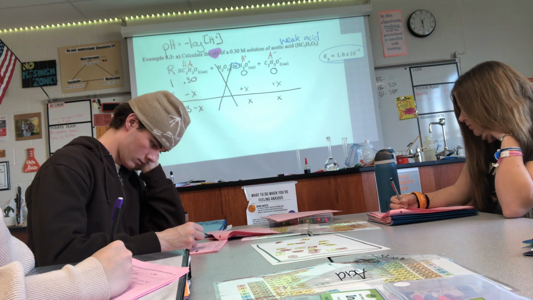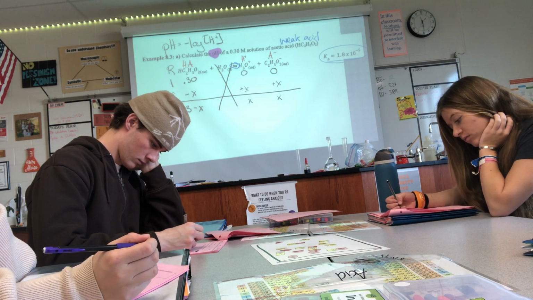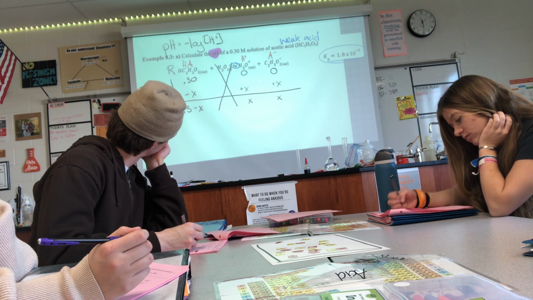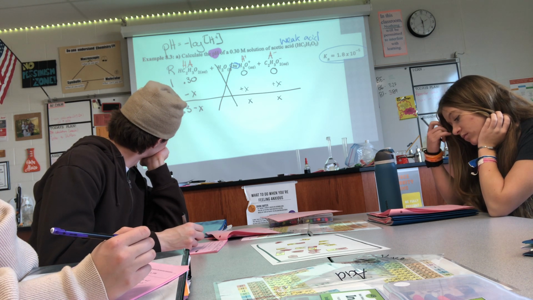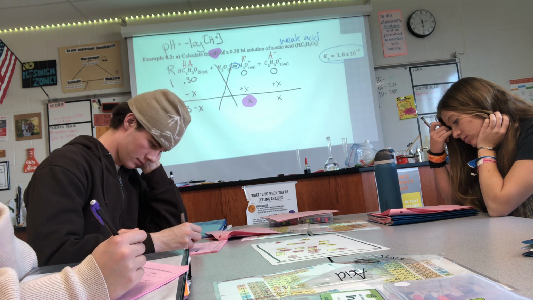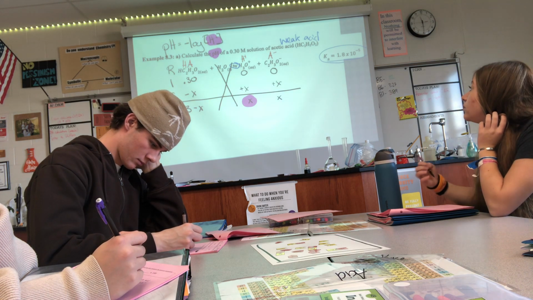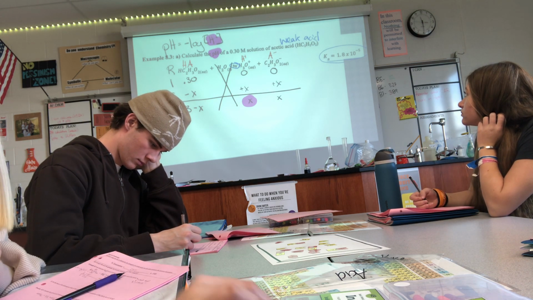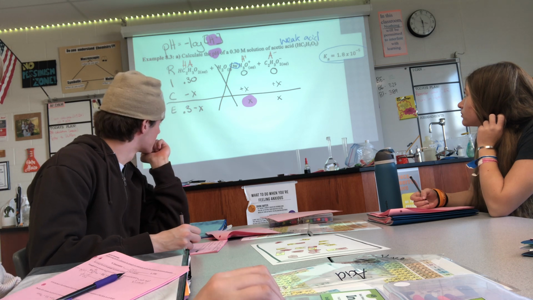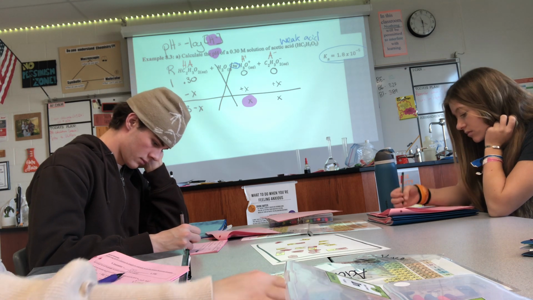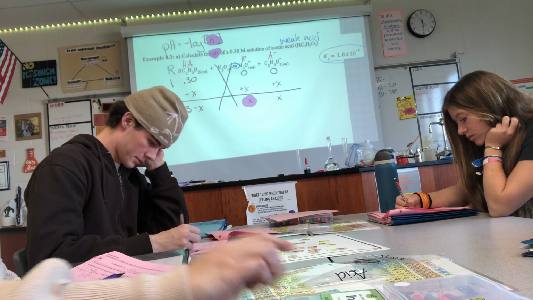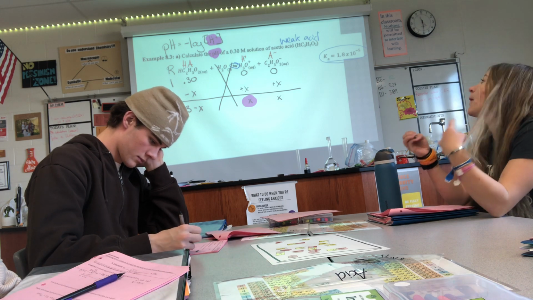Now what is it I'm trying to find here? X, because x is my H plus up here. So is Ka x? No, but we can set it equal to solve for x. So, what is K equal in general? What's the setup for any K?